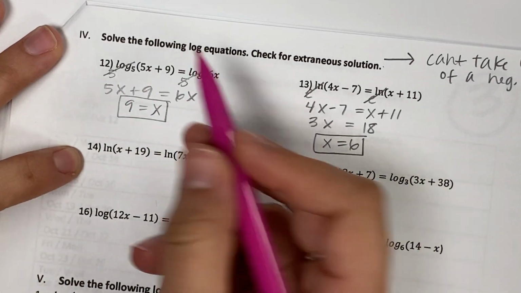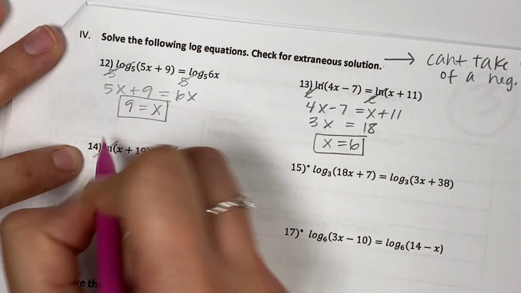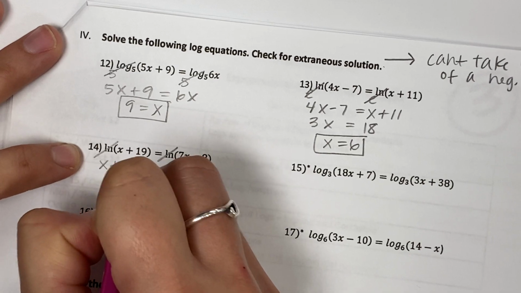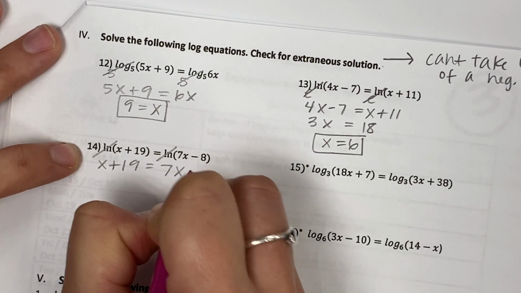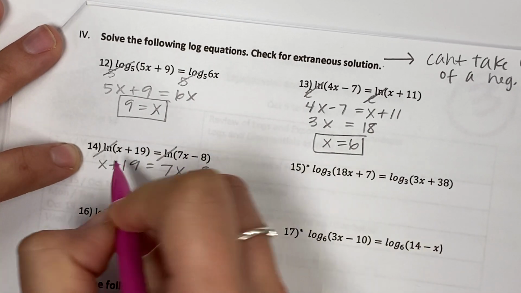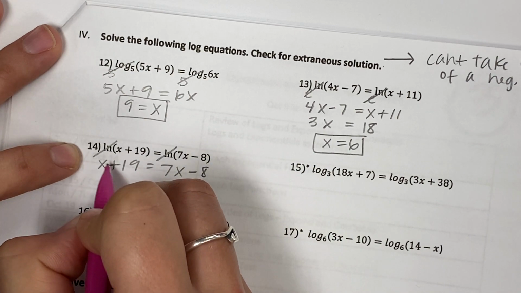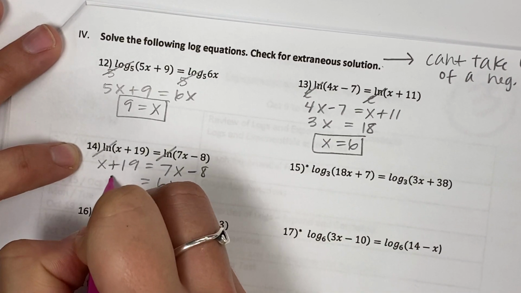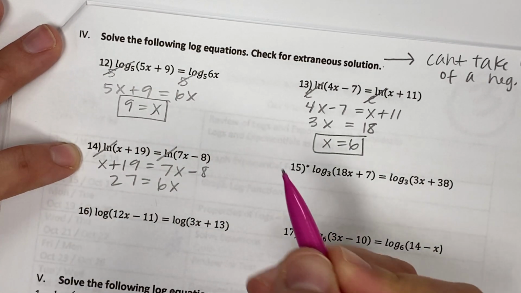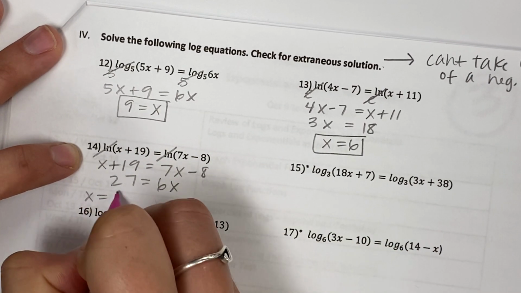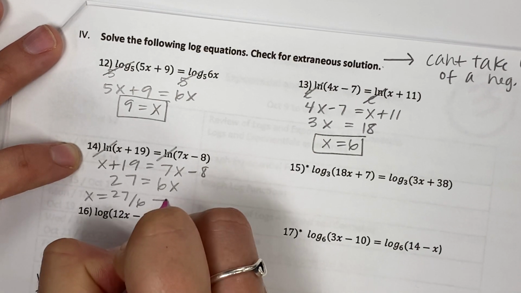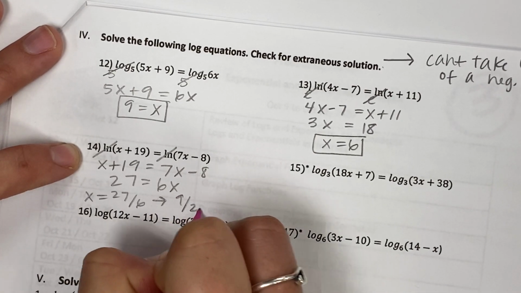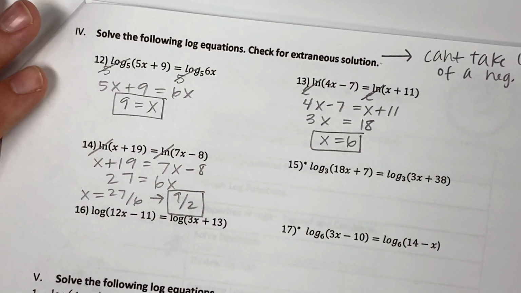Right here, still again, raising to the e, so these cancel. X plus 19 equals 7x minus 8. Let's subtract the x to get 6x, add the 8 to get 27. So x is 27 divided by 6, which simplifies to 9/2.